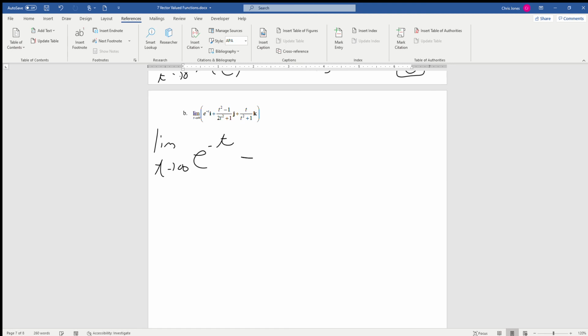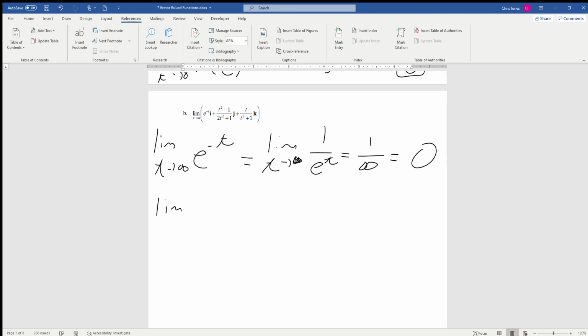We could rewrite this as the limit as t approaches infinity of 1 over e to the t, if that helps you remember how to take the limit of that. Now we know that this just theoretically becomes 1 over infinity. That's not correct to write, but just think of that as 1 over infinity, which means we're going to end up with 0.